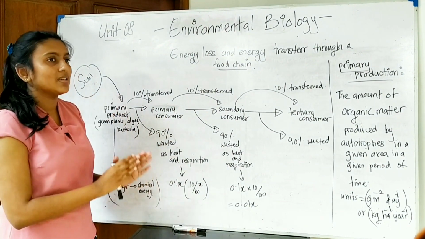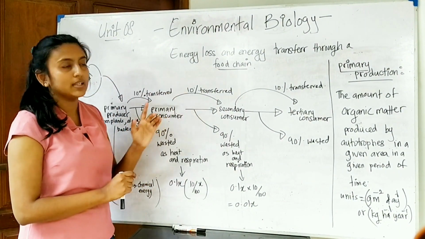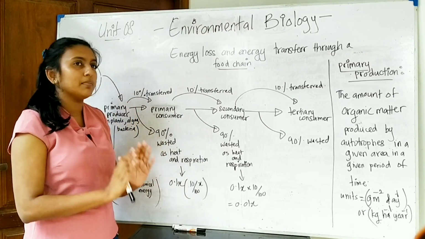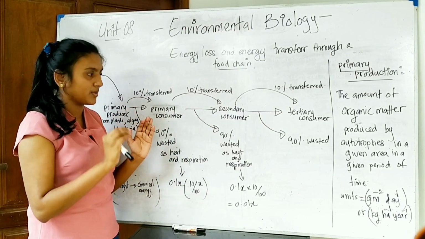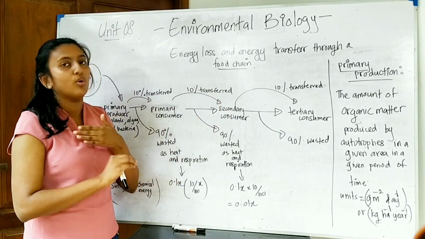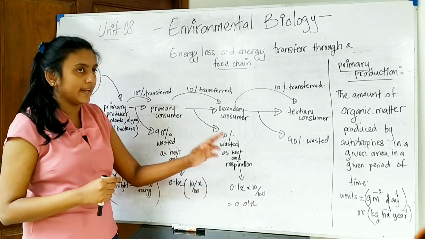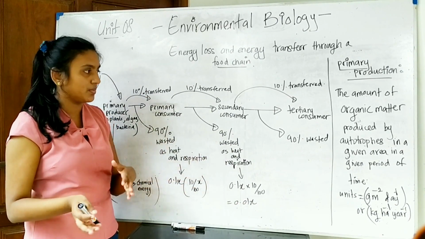So this is the main reason why I mentioned earlier that the maximum number of links possible in a food chain is 4 or 5, because there is considerable energy loss due to heat and respiration.